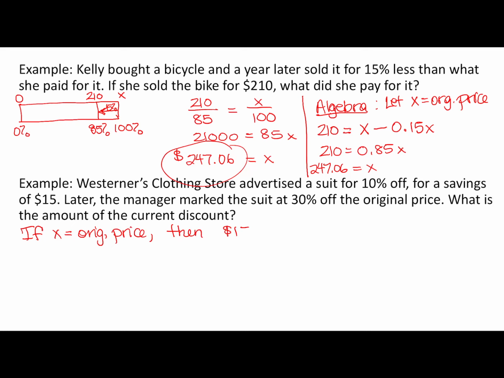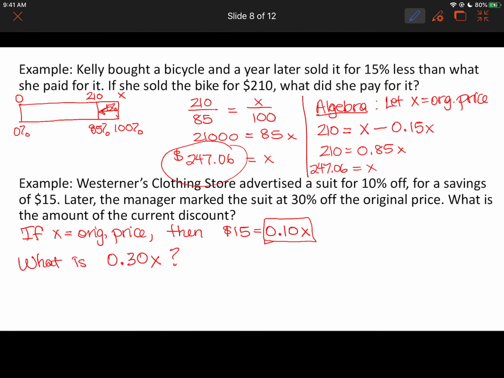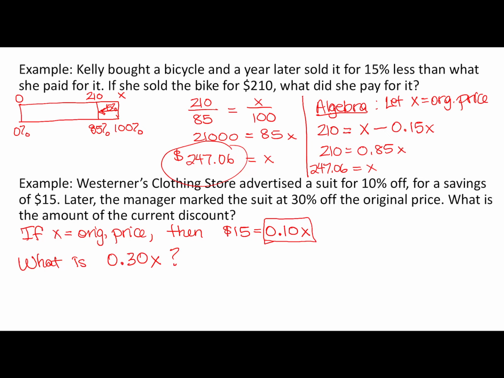then $15 is 10% or 0.10 times X. Now what we want to know is what is 30% of X or 0.30 times X? Well, how do I get 0.30? I could take this and multiply by 3 on both sides.